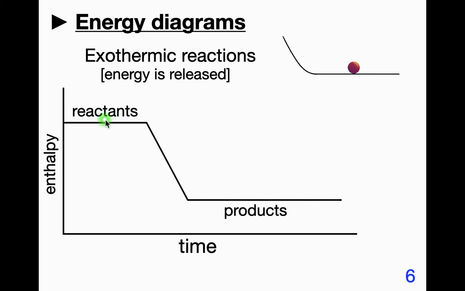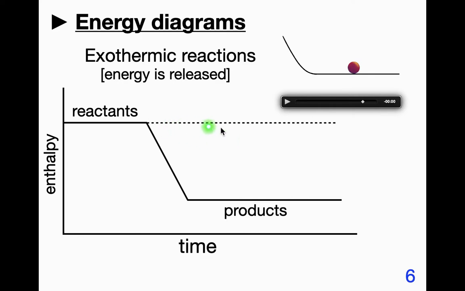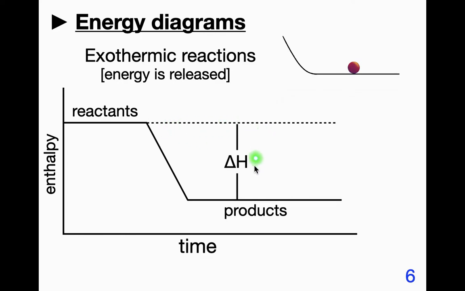So in an exothermic reaction, the reactants have more energy, more enthalpy than the products, just like the ball had more energy up here than it did down here. So if we measure the difference between the two, that's what we mean by delta H, the change of reaction, heat of reaction.